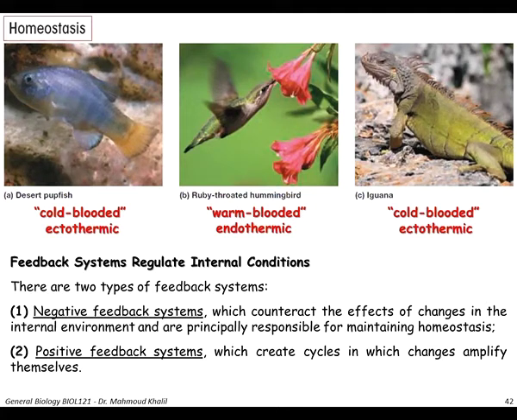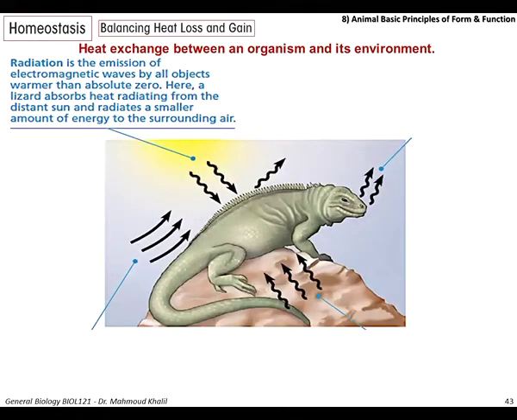Both these systems are used for regulating homeostasis. You can see here an iguana, which is a cold-blooded, ectothermic animal.